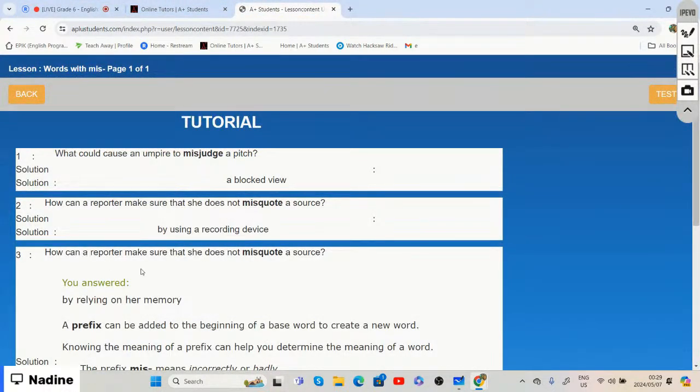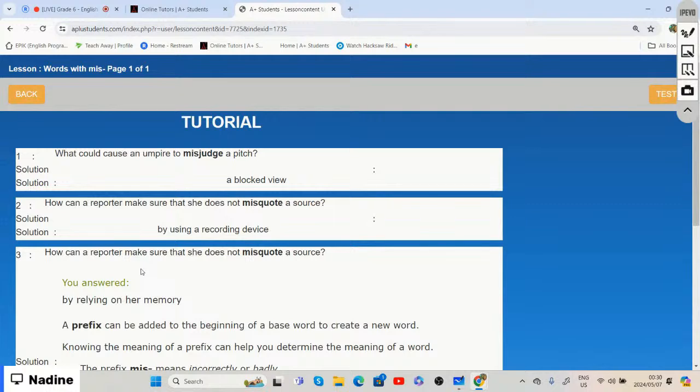How can a reporter make sure that she does not misquote a source? Remember, a reporter can be a journalist for a magazine or newspaper. Most times reporters put your statement in their own words.